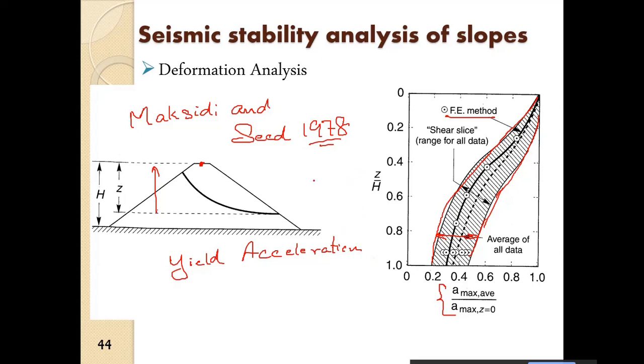And then they said that with variation in depth, z by h, with z increasing, we have a change in the acceleration within the soil mass. That is how it changes.